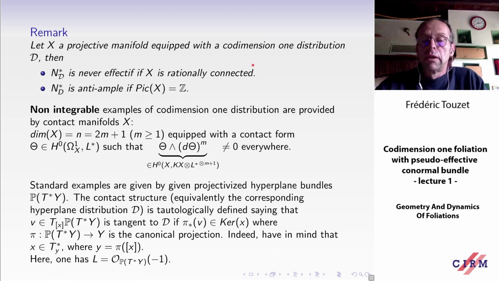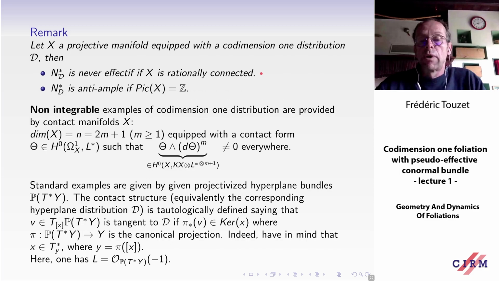One can also make the additional remark that, considering projective manifolds with a codimension 1 distribution D, there are cases where the conormal bundle cannot be effective. For instance, if X is rationally connected, this can occur for the simple reason that the conormal being effective implies that the distribution is given by a genuine holomorphic one form, and it is well known that on rationally connected manifolds there doesn't exist such a form.